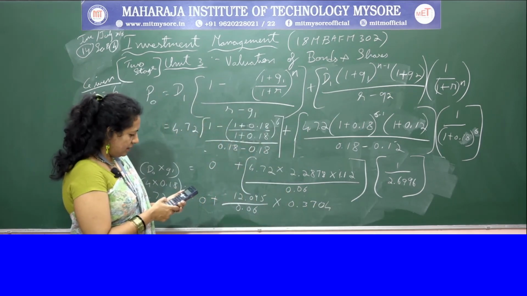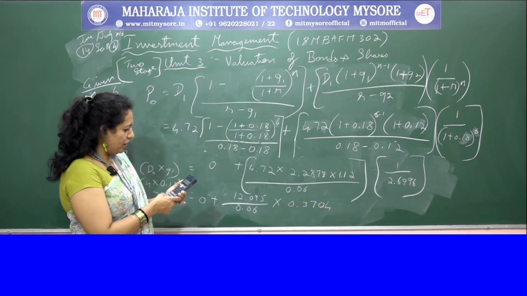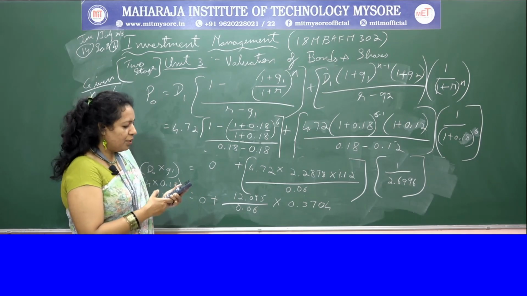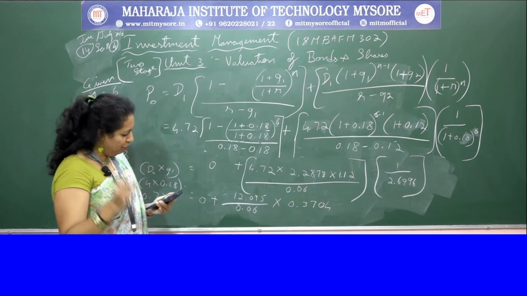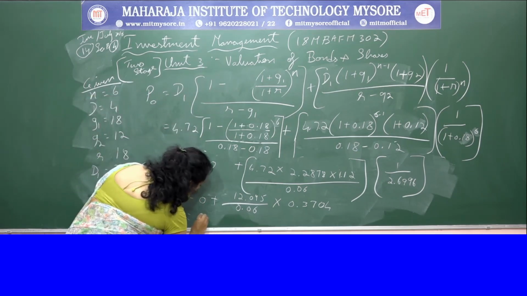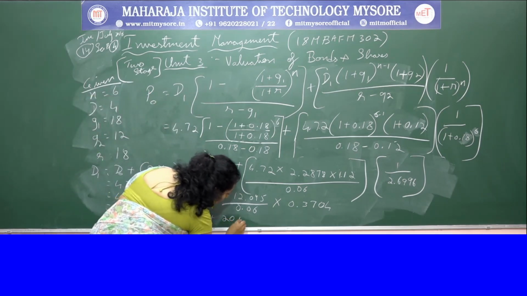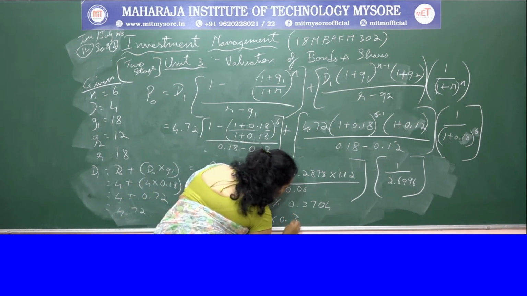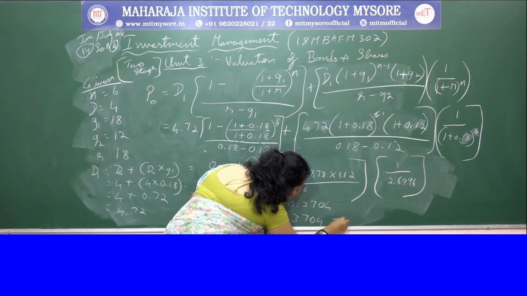So let's divide this first. 12.095 divided by 0.06, you get 201.58. So 0 plus 201.58 into 0.3704.